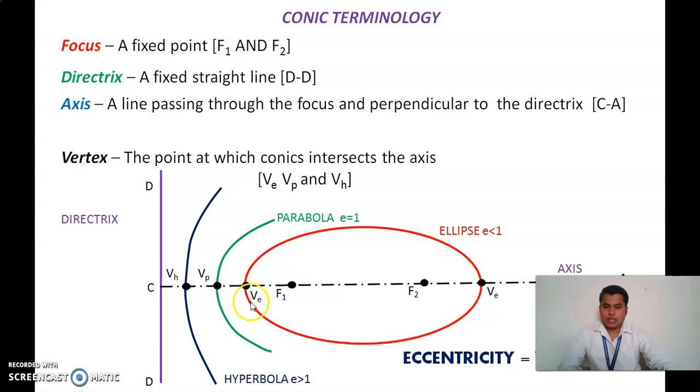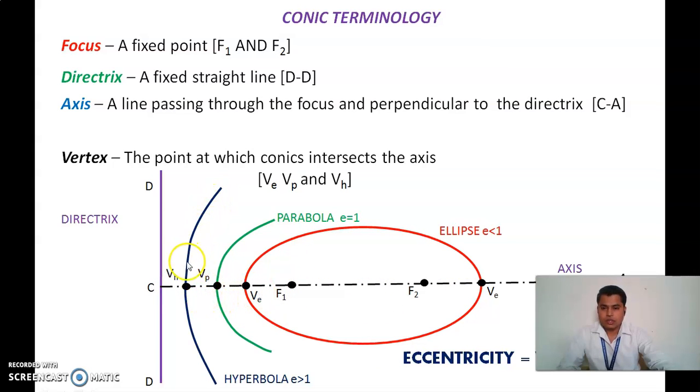Okay. Next one is the vertex. So you can see here VE, VP and VH. VE is the vertex for the ellipse, VP is the vertex for the parabola, and VH is the vertex for the hyperbola. Ellipse, parabola and hyperbola are all curves and are going to intersect this axis somewhere.